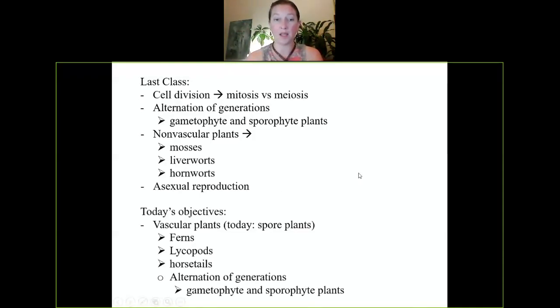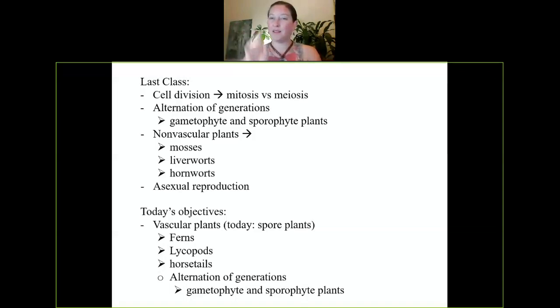So today, we're going to keep learning about plants that are in the plant kingdom. In particular, we're going to learn about vascular plants and a subset of the vascular plants, which are the spore plants. So the spore-bearing or spore-shedding vascular plants. And those are the ferns, the lycopods, and the horsetails.